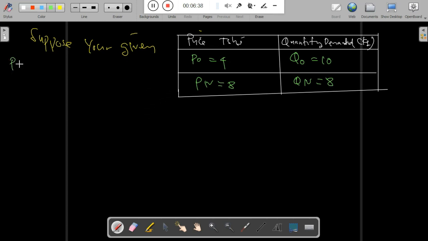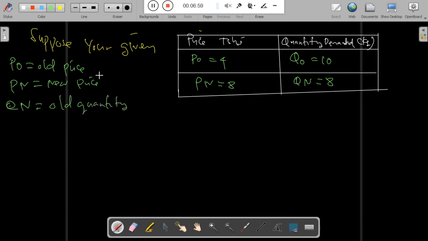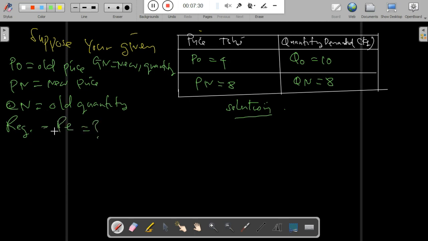the current quantity demanded, that is 8. So if you are asked from this table to calculate the price elasticity of demand, how could you solve this kind of problem? As I told you earlier, Po represents the old price, and Pn represents the new price. Qn represents the new quantity. So when we apply the formula, the price elasticity of demand is given by the percentage change in quantity demanded over the percentage change in the price of the commodity.